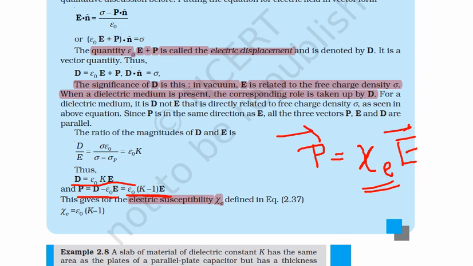So from this equation, P is proportional to E, and this epsilon naught K minus 1 is the electric susceptibility. So electric susceptibility is epsilon naught K minus 1.